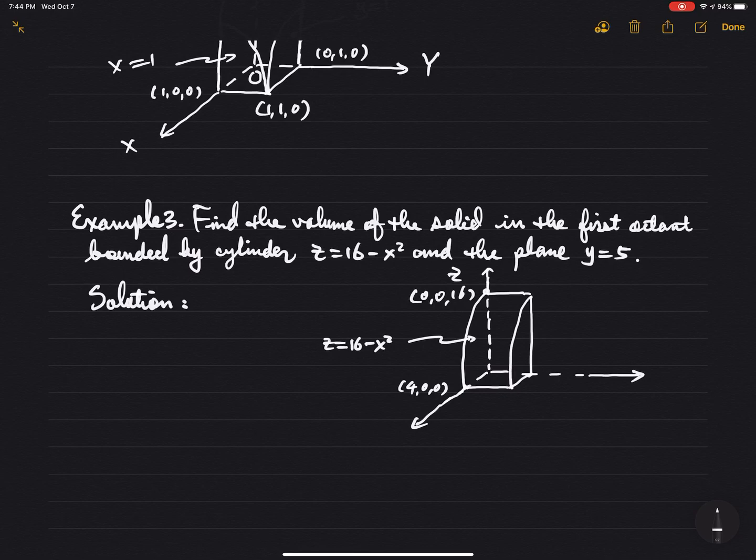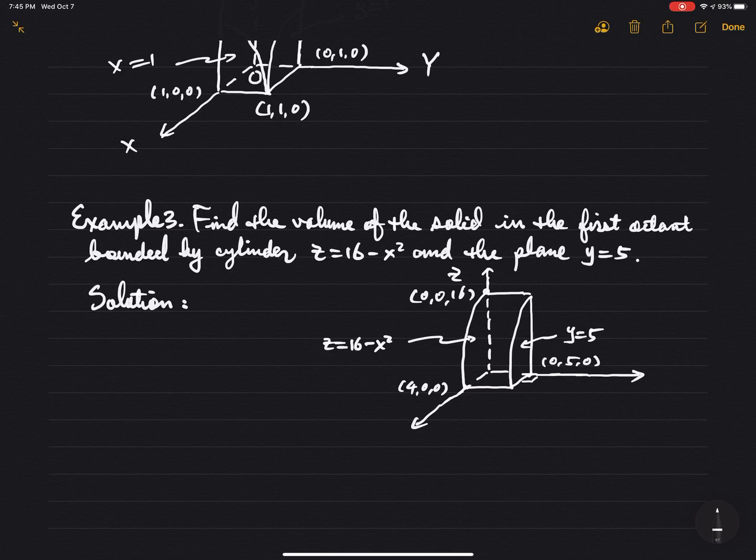It's a cylinder, so y can be anything, but we only want it in the first octant. And this is a vertical plane, y equals 5, perpendicular to the y-axis. This point is 0, 5, 0.